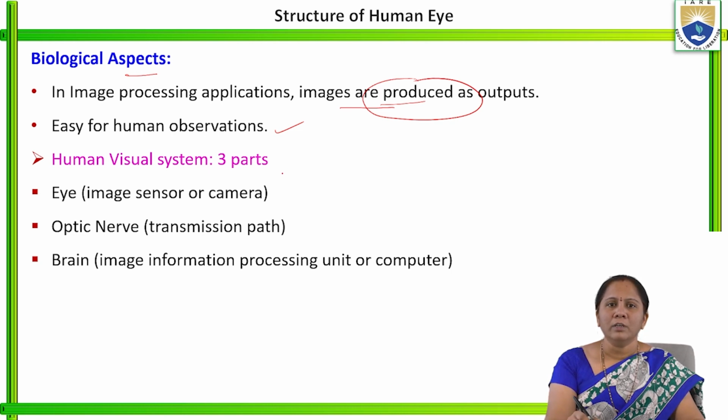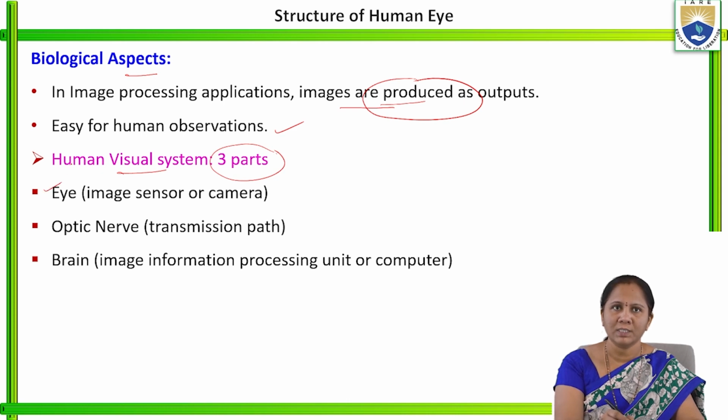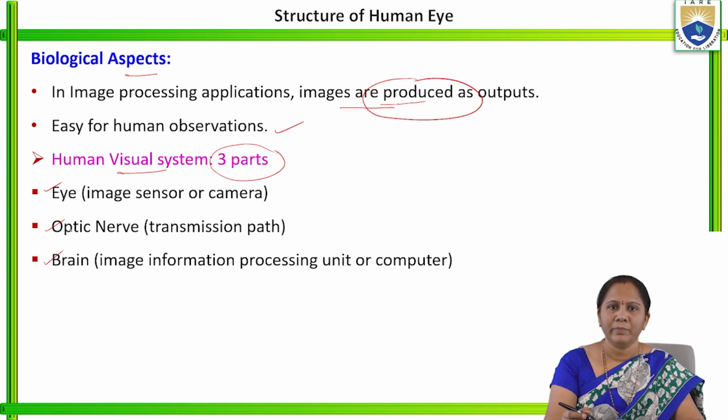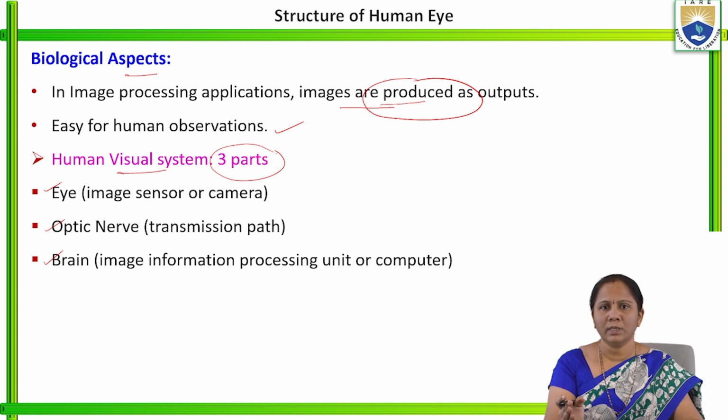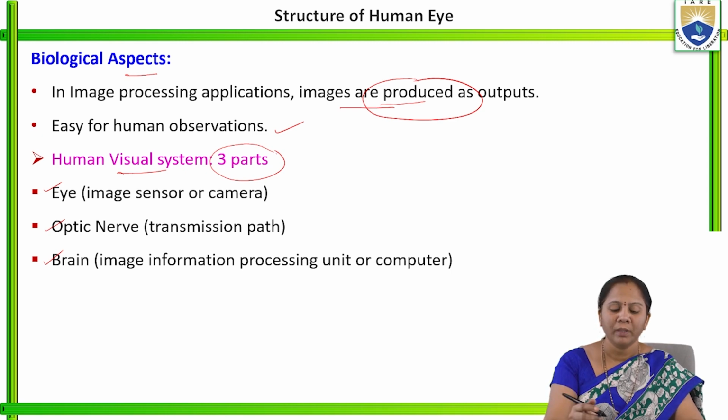Now, coming to the human visual system, as we are learning about the structure of the human eye, it basically consists of three important parts: the eye, the optic nerve, and the brain. If you relate this to digital image processing, the eye can be related to the image sensor, or the camera.